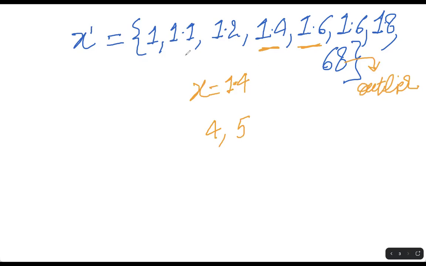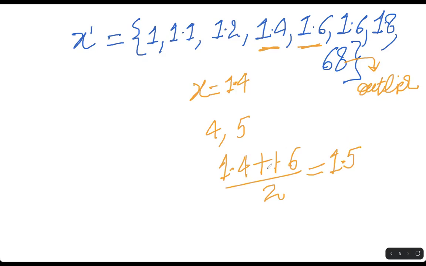If I take the fourth value and the fifth value and calculate the average of both, let's say this is 1.4 plus this is 1.6, divided by 2, this will come out to be 1.5. Fine.